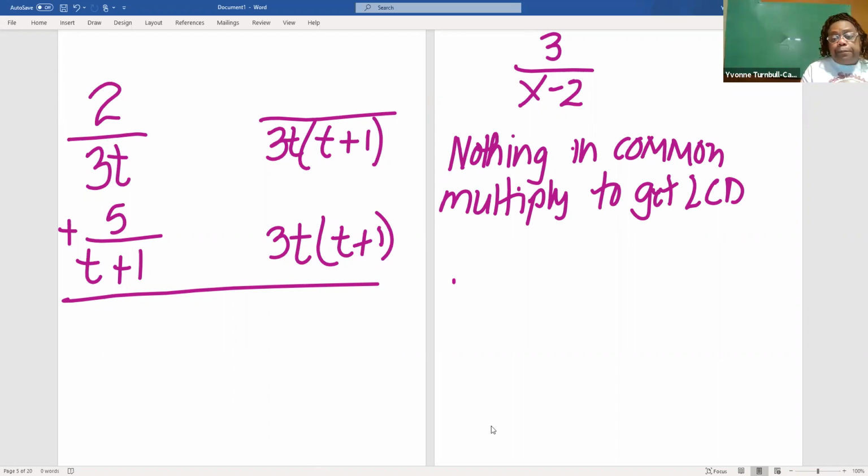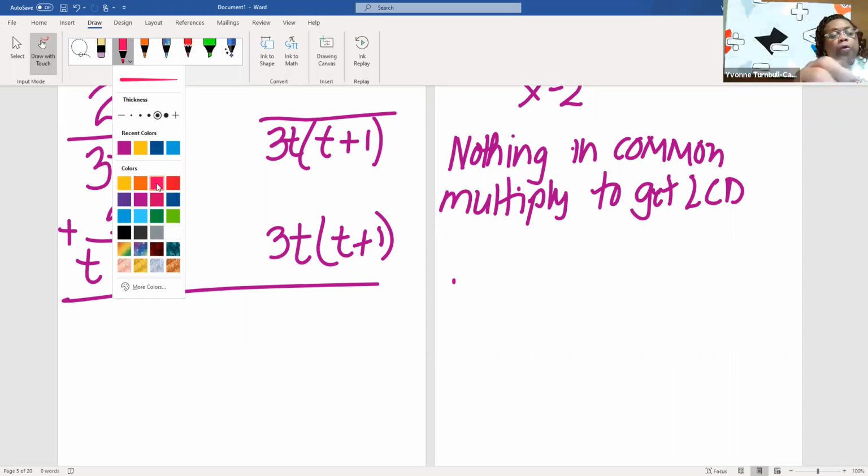All right, so you're going to do the same thing we talked about before. You ask yourself, what is in the new denominator, but not in the old denominator? Of course, t plus 1.